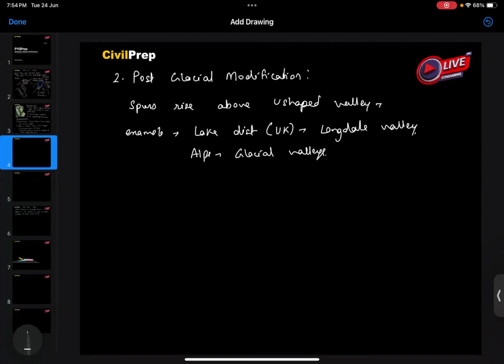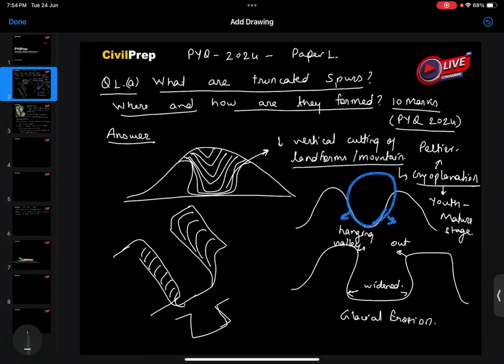Now, when we look at certain theories which can be applied here, as we can see in this part, there was upliftment and then there was erosion.